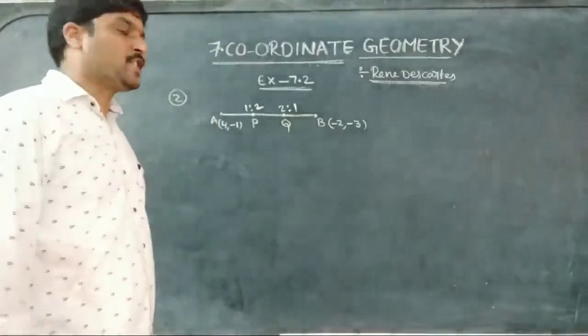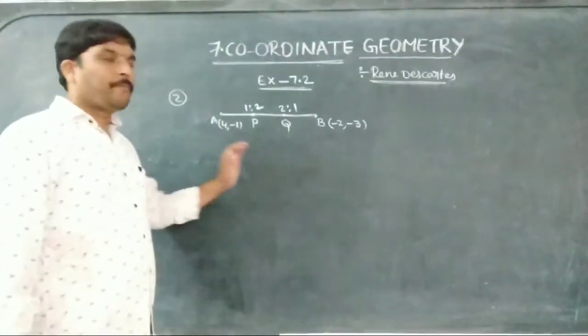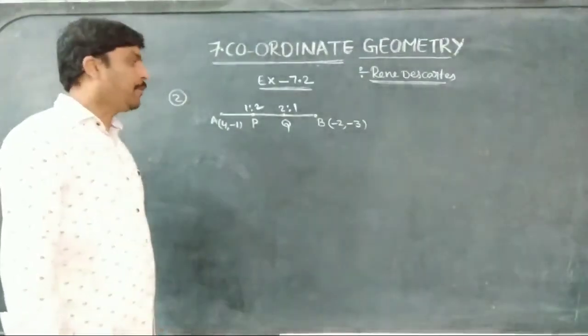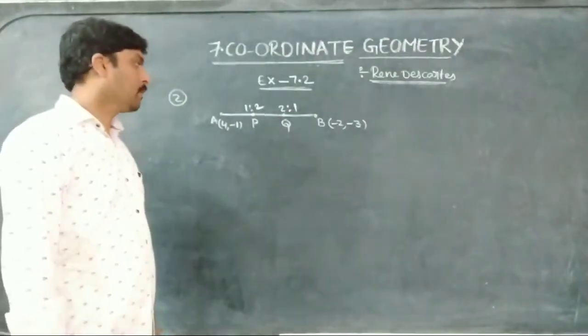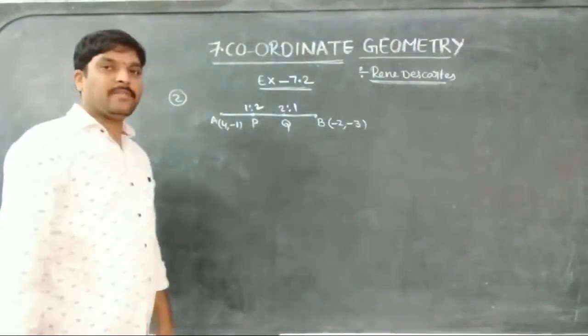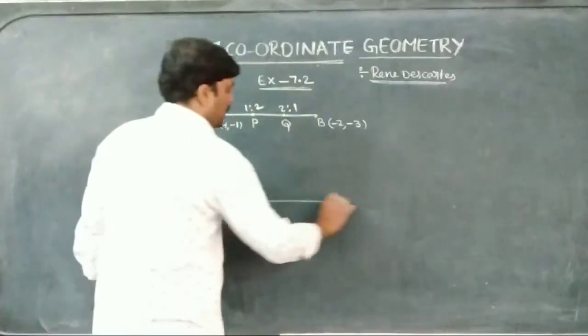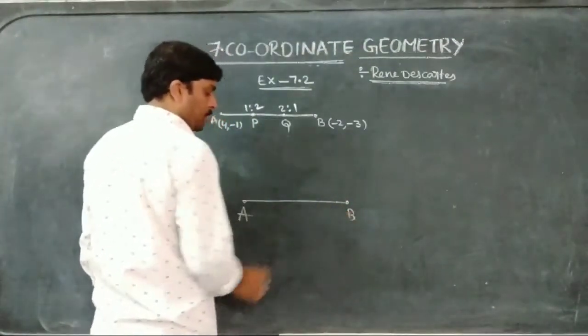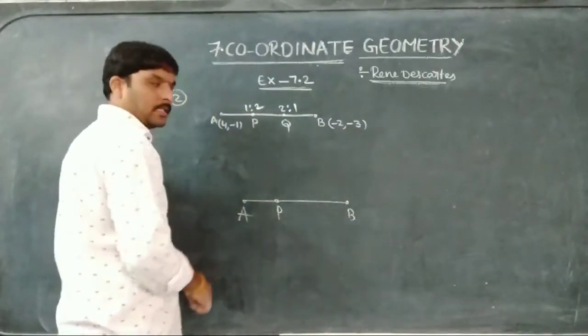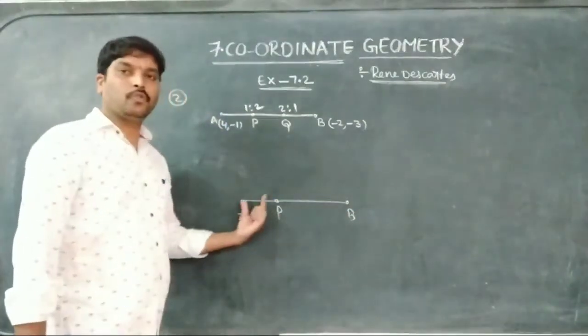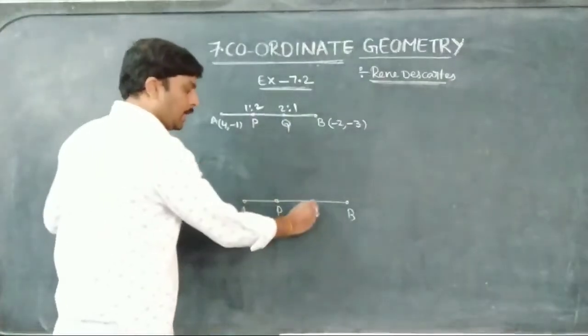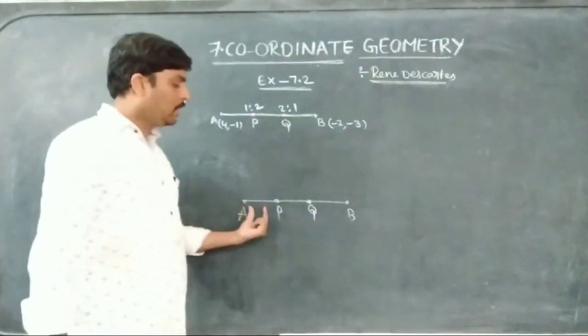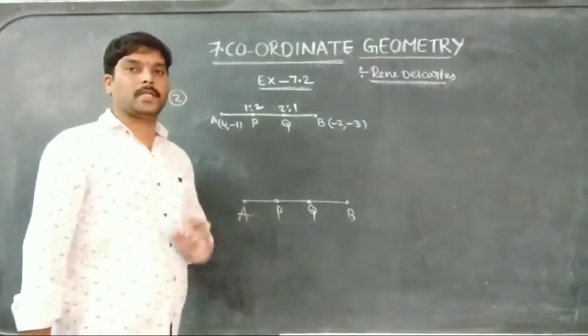Points of trisection. Find the points of trisection of line segment AB. Points of trisection means, for suppose AB is the line segment. If you take one point, it divides into two parts. If you take one more point, it divides into three equal parts.